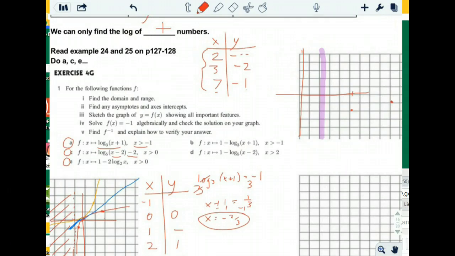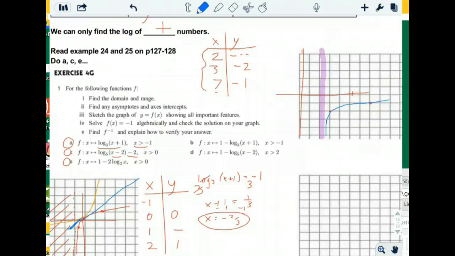Oops, I got to move the points too. Okay, there we go. So it looks kind of like that. Okay, all right. And the asymptote is x equals 2, and the axes intercept is kind of hard to figure out.